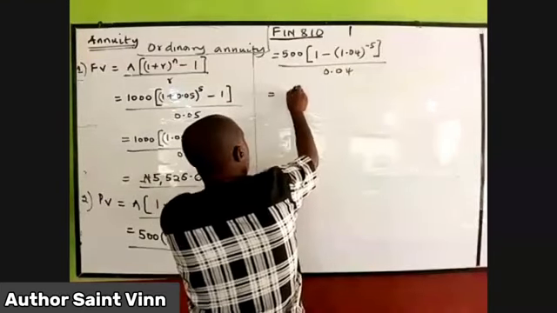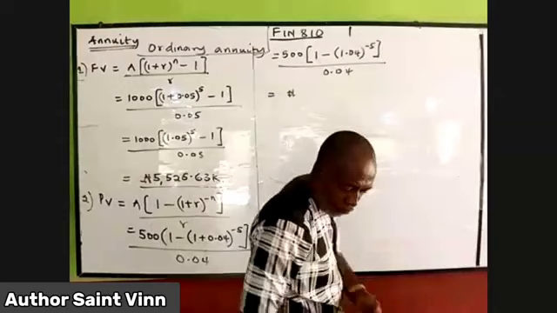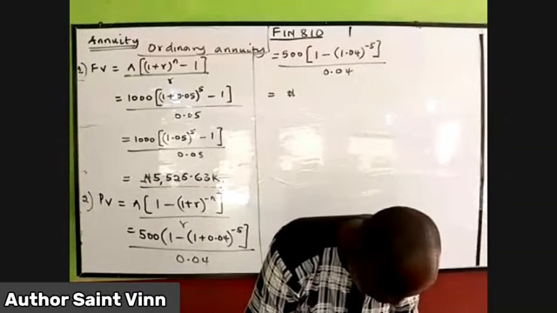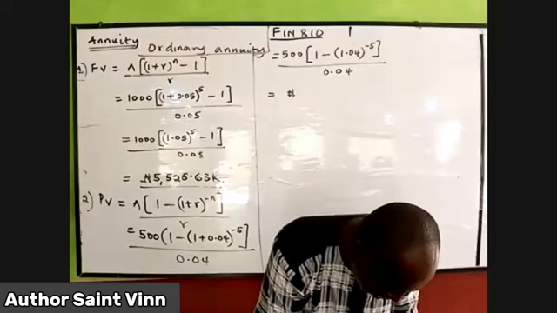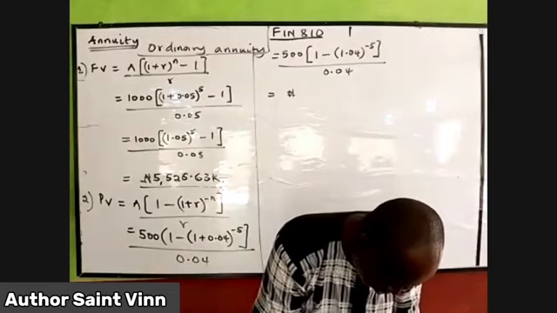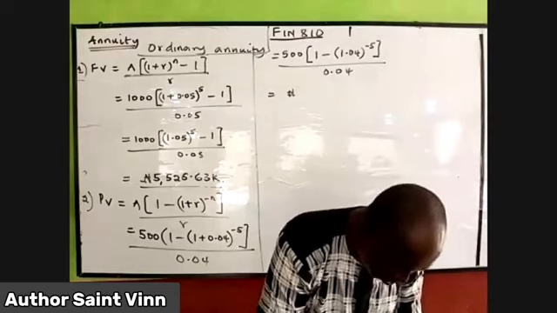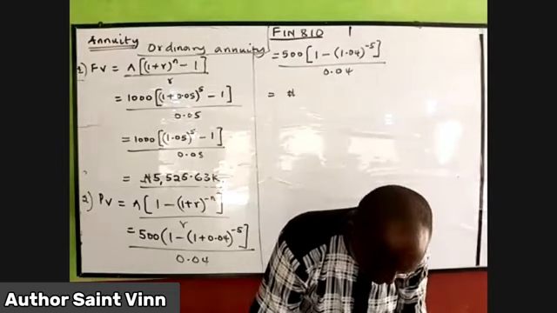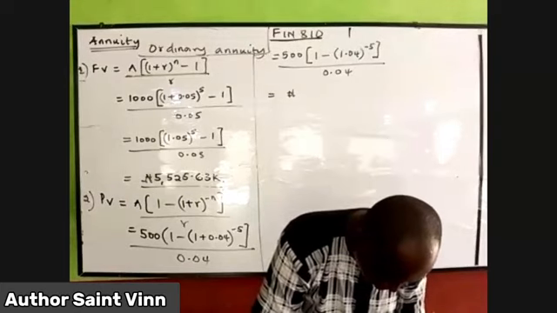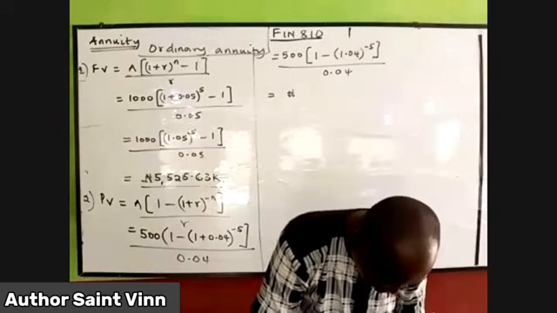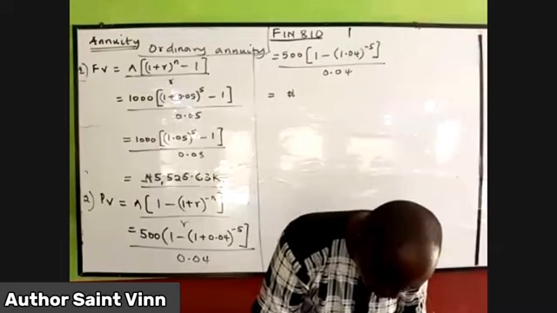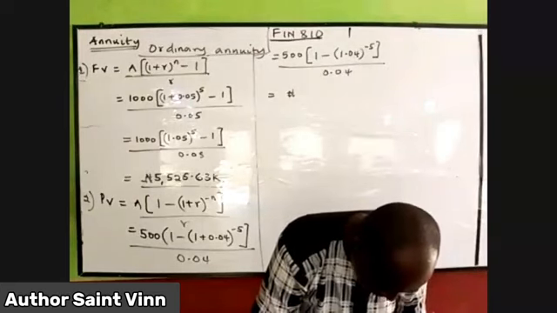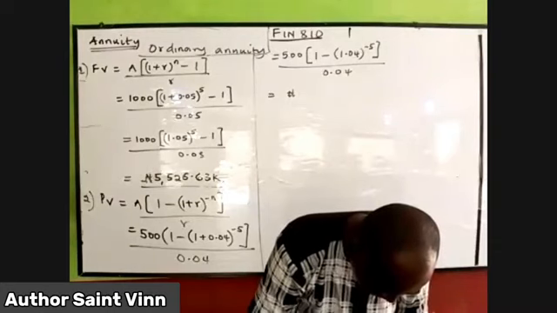If you are using your calculator, even if it's your phone, because what I'm using here is a phone, you press 1 minus bracket open 1.04 close the bracket, raised to the power of minus 5, and you press answer.